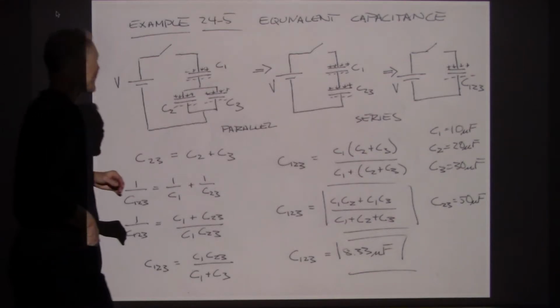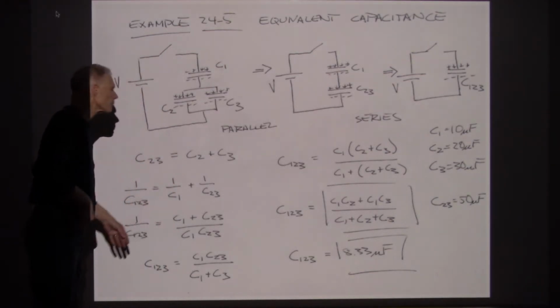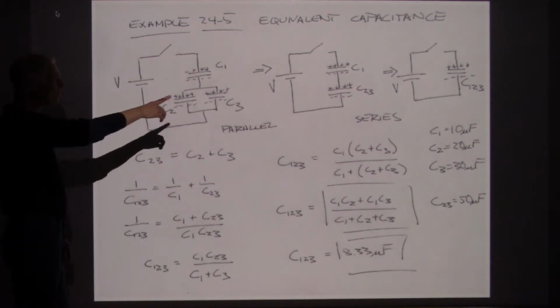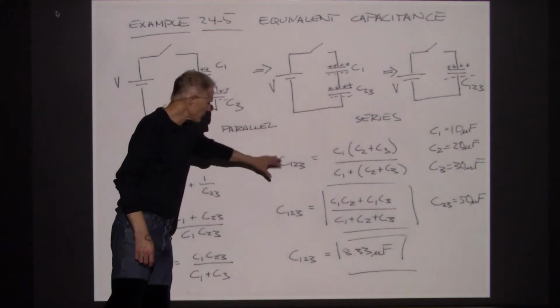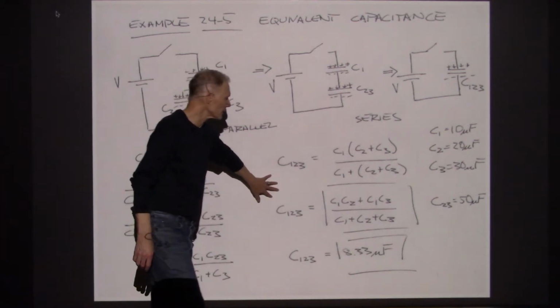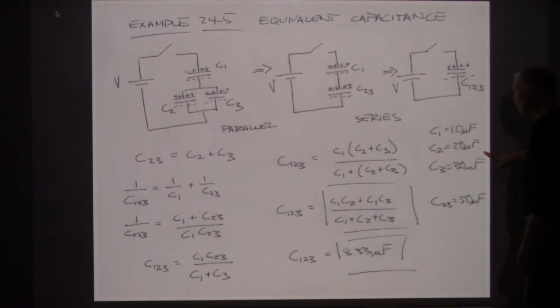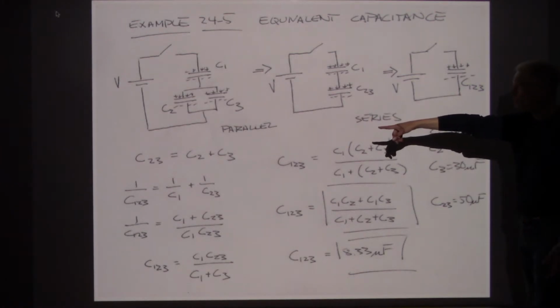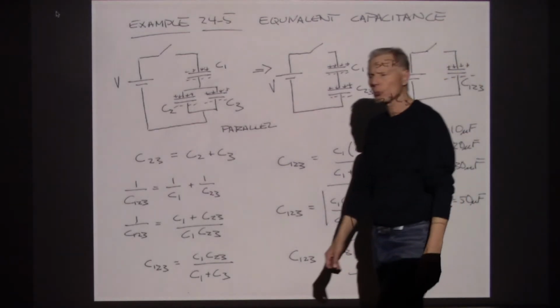But before I do that, just let me say, here I did everything algebraically, but I could have started plugging numbers in sooner. Rather than carry out the entire calculation algebraically and then putting numbers in at the end, I could have started putting in, like for C23, I could say C23 is 50 microfarads, and that often works well.